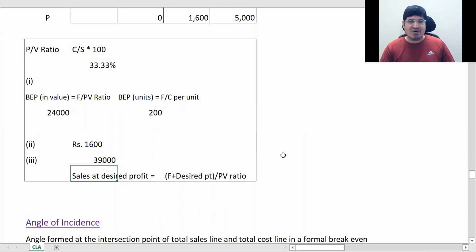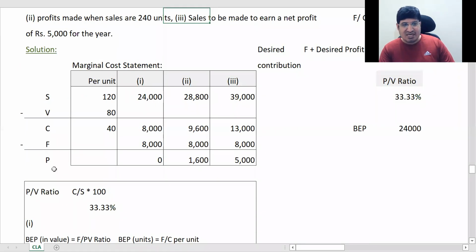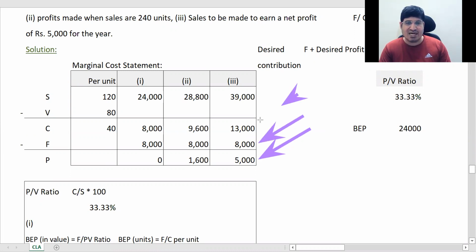Just always remember that you have to do fixed cost plus desired profit, when you need to find sales at desired profit. You have to go step by step. These are actually two equations, right? S minus B is equal to C is one equation, C minus F is equal to P is another equation. So add this to your fixed cost, this is your desired profit, then you will get desired contribution.